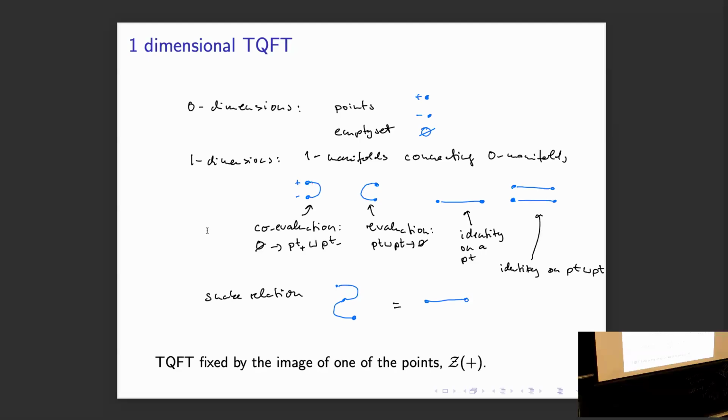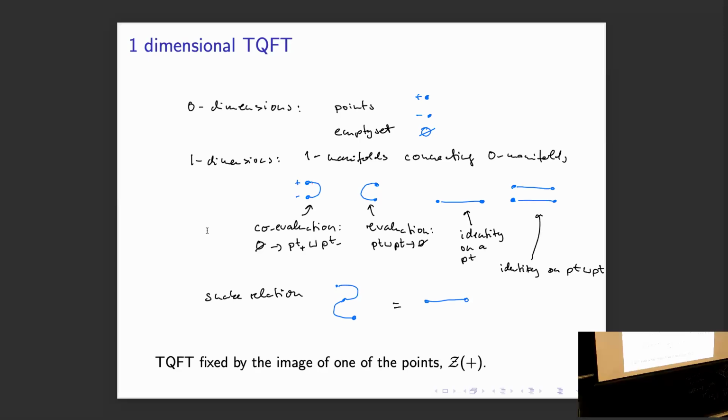So in particular, if I have a 0 plus 1 dimensional TQFT, then the TQFT is completely fixed once I have given the image of one of the points. So let's say I give the image of the point labeled plus in the target category.